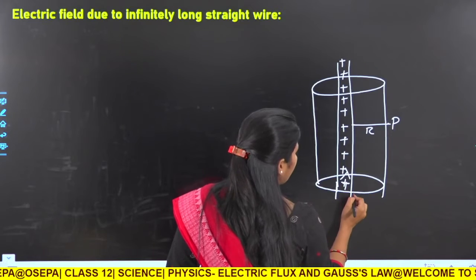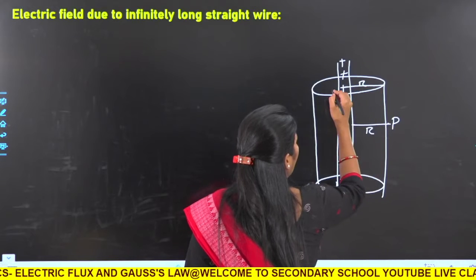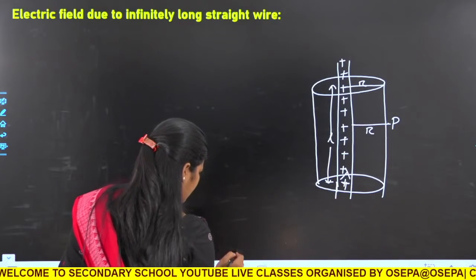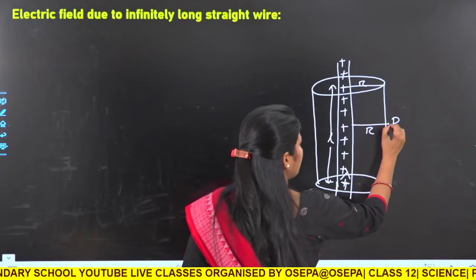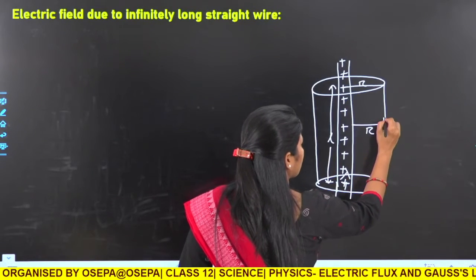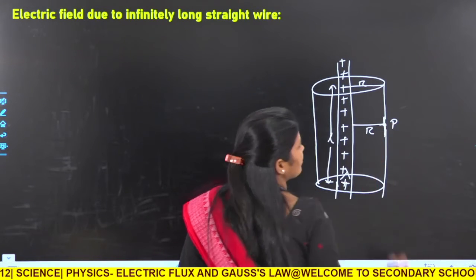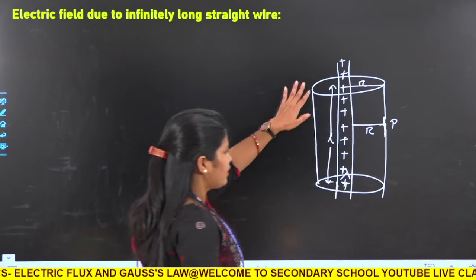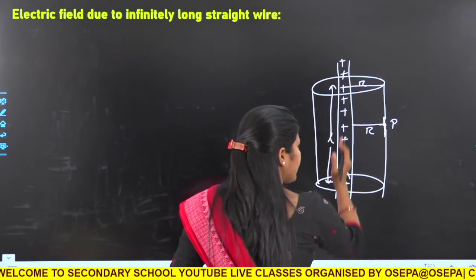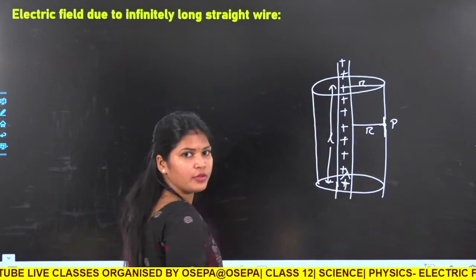We will choose a Gaussian surface, a cylinder of length L, in the form of a cylinder coaxial with the rod.